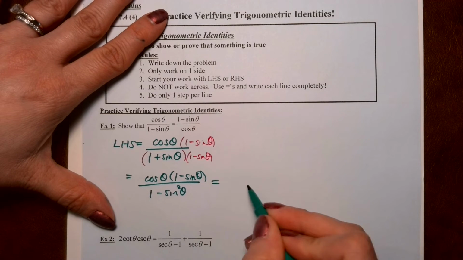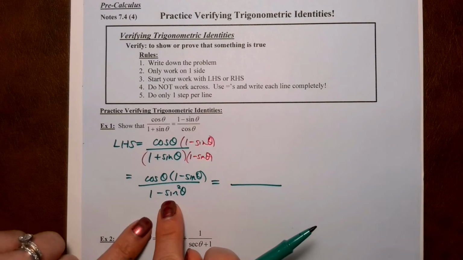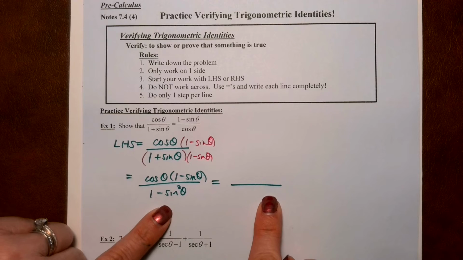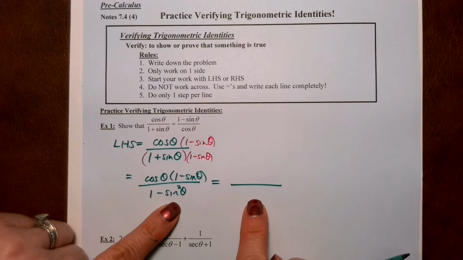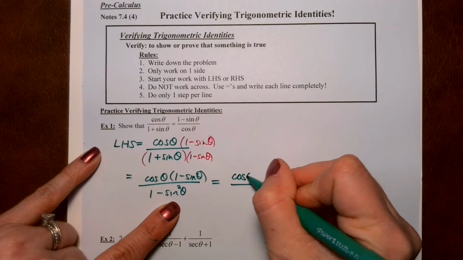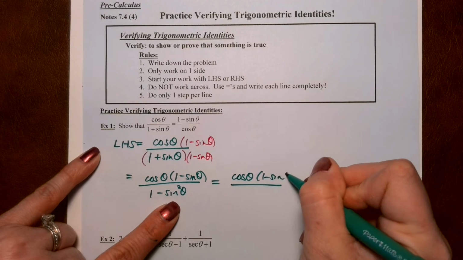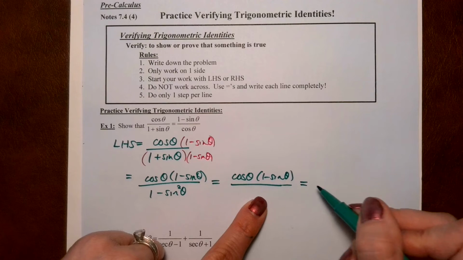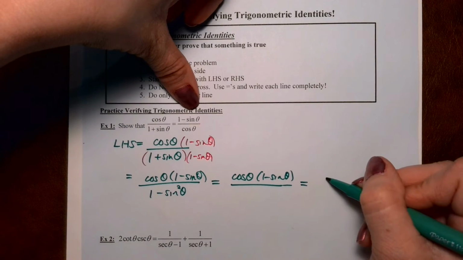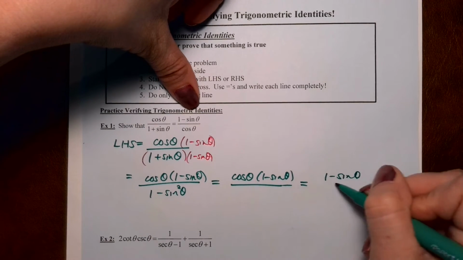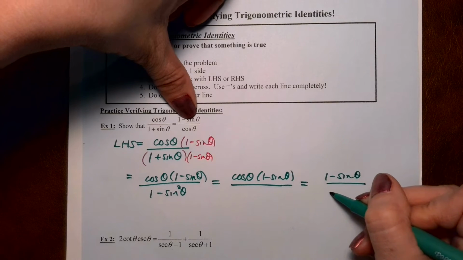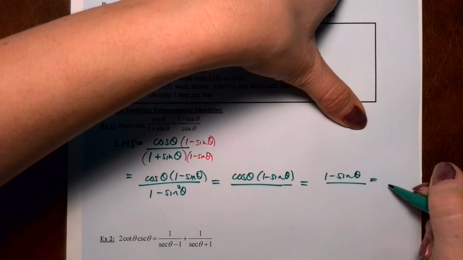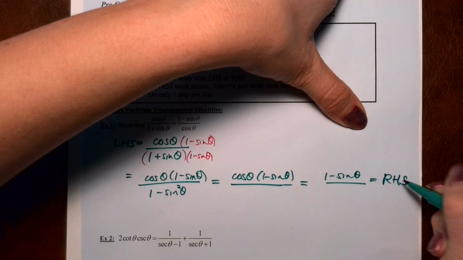Okay, so now we're going to have some identity work. So we're going to keep the numerator just the way it is. We're going to get some identities. And remember, we're trying to make 1 minus sine of theta over cosine of theta. We're trying to get to the right-hand side.